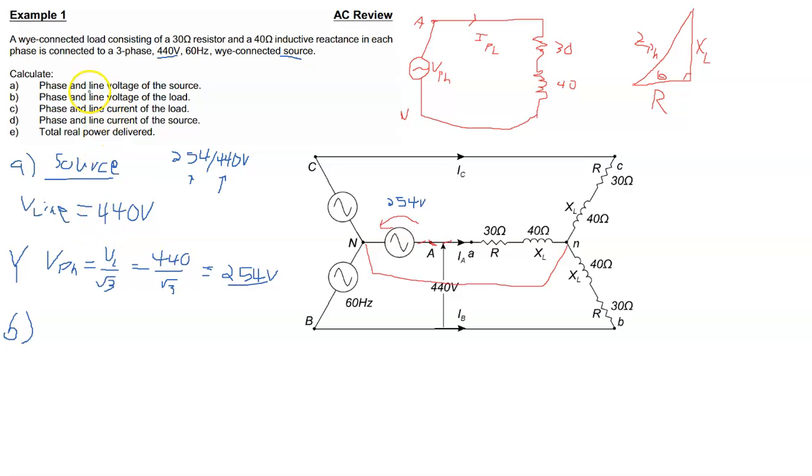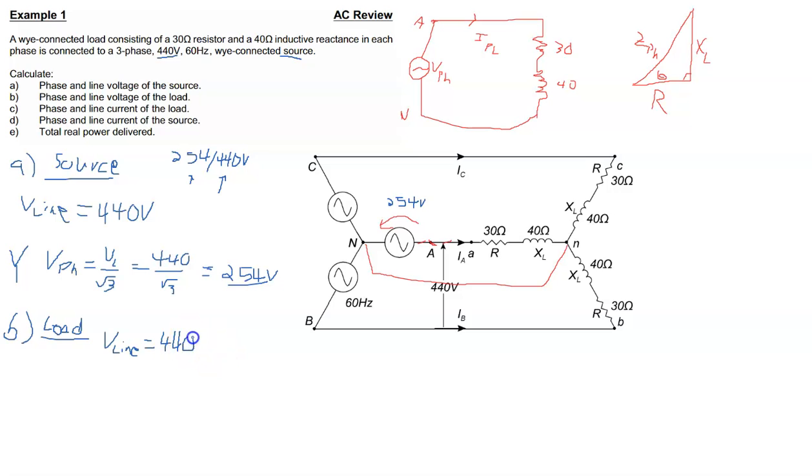want to move on to the load, right, and think about our voltages. So again, what connects the load back to the source is the lines, and so V line is 440 volts, got to be the same for both of them.